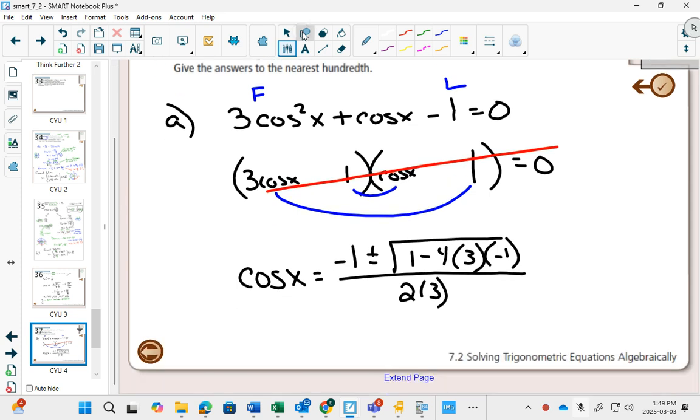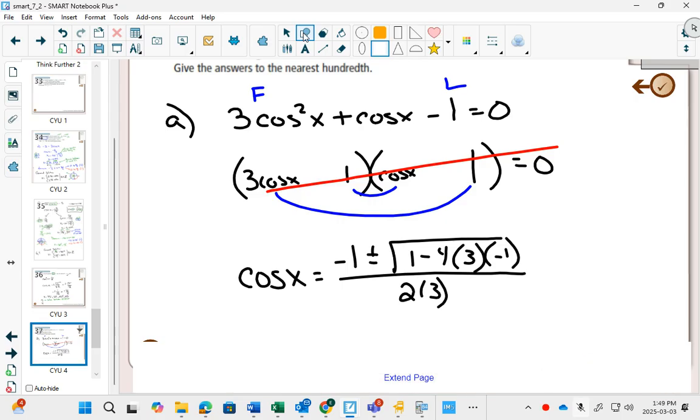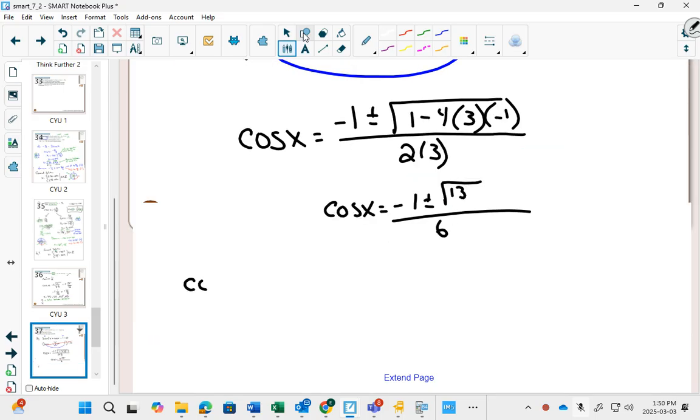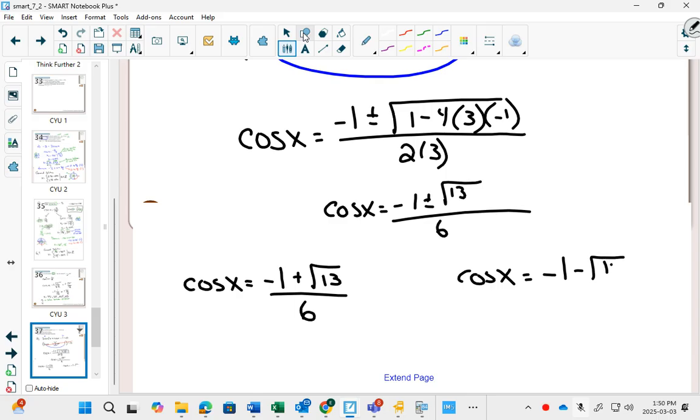Simplifying this, negative 1 plus or minus the square root of 1 plus 12, which is the square root of 13, over 6, which gives us 2 possibilities, one with the plus sign and one with the subtraction sign. Arrow, possibility 1, possibility 2, split them up.